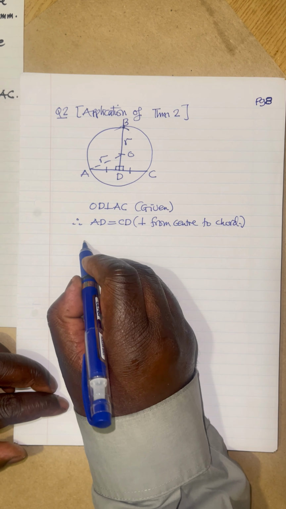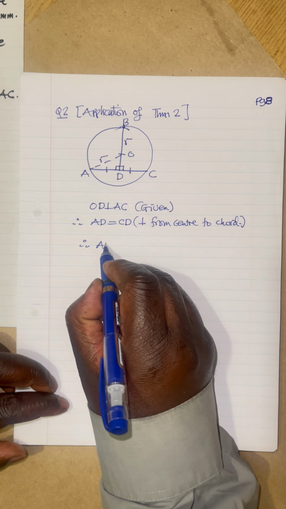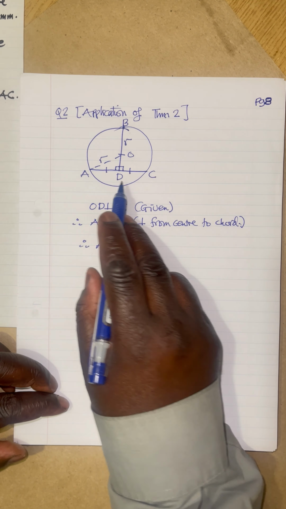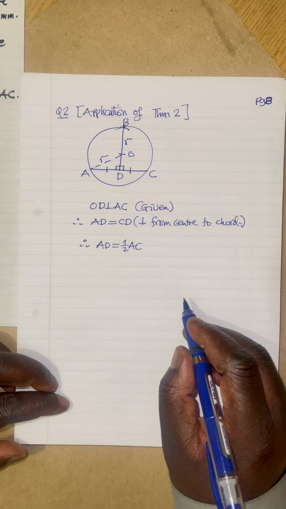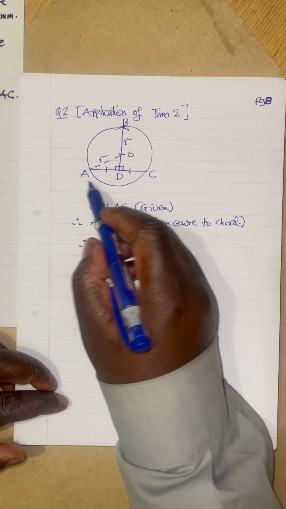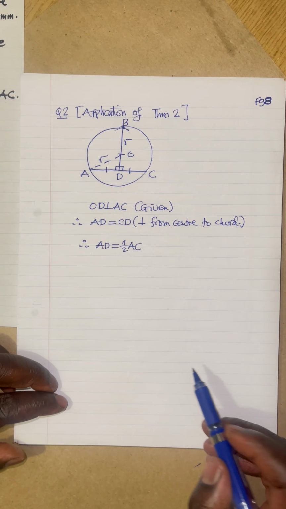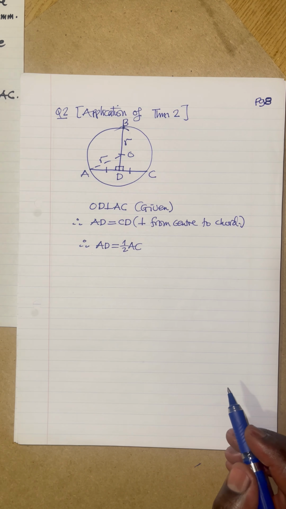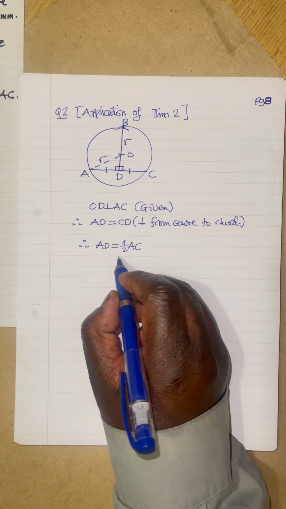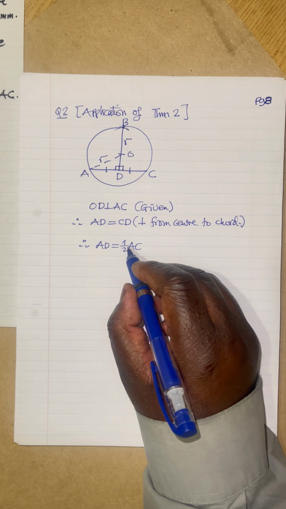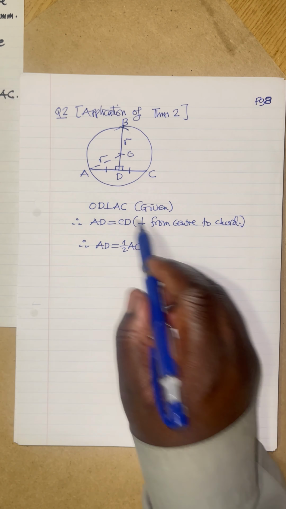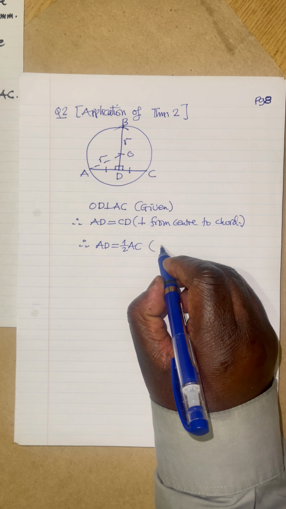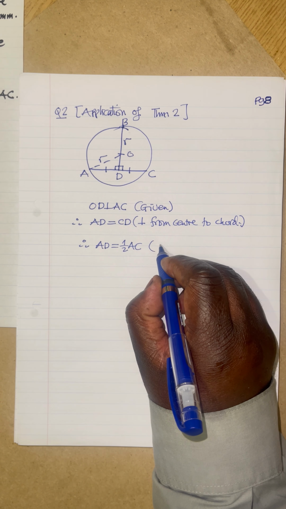So we are now going to say, therefore, AD must be equal to half of AC. The reason for that is because D is a midpoint, as you can see now, or at least you can say that AC is bisected by the straight line from center O, which is perpendicular to AC, according to theorem number 2. So what reason would you give for saying that AD is equal to half of AC? Well, you say AC is bisected, or you can say D is midpoint of AC.